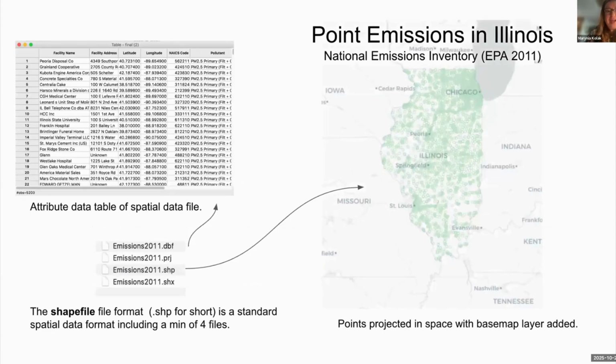So just to show you how spatial data is regular data, here we are looking at point emissions in Illinois from the National Emissions Inventory. And the shapefile format is actually a group of files. So it's the .shp file, but it's also the dbf file, which is a table, as you can see here, a data table or database file.